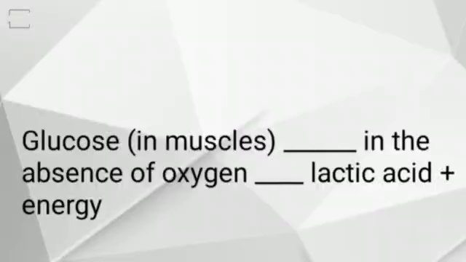Because it improves circulation of blood, and as a result the supply of oxygen to the muscle cells increases. The increased supply of oxygen results in the complete breakdown of lactic acid. The lactic acid which accumulated in the muscles breaks down into carbon dioxide and water, and we feel relieved.